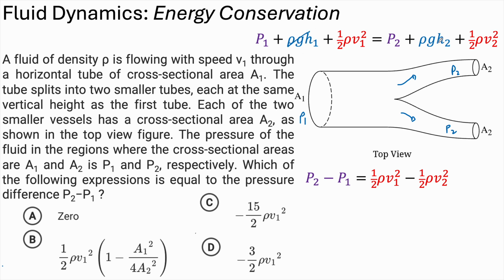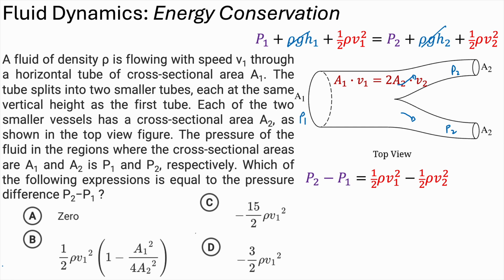Again, we're subtracting this from both sides. We're looking for the pressure difference. So moving P2 or moving P1 to this side and then moving this term to the other side, we end up with this expression. Plugging in our numbers, we first of all have to figure out velocities.